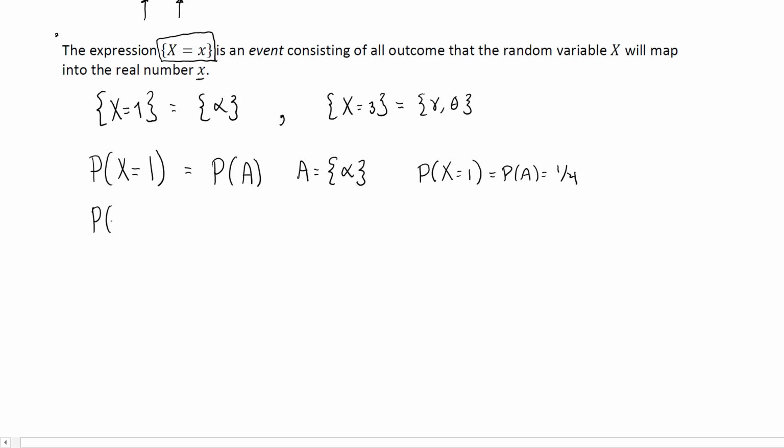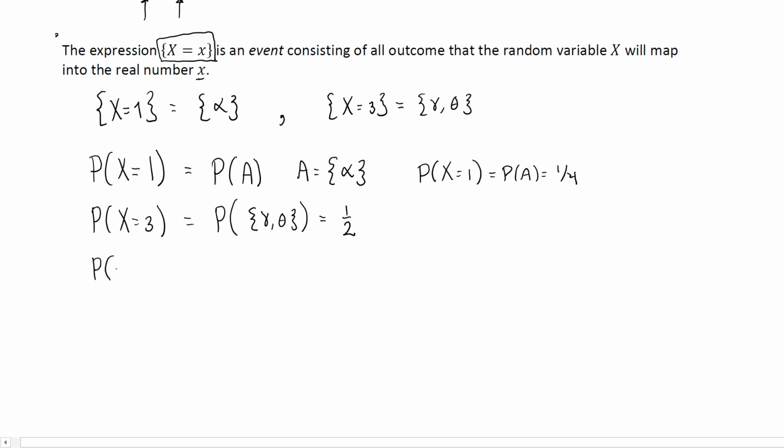Similarly, what we mean by P(X = 3) is simply the probability of the event consisting of all outcomes that X will map to 3. And that was, as we concluded, gamma and theta. If the outcomes are equally likely, this will be 2 over 4 or 1/2.